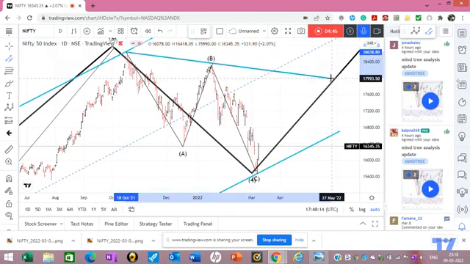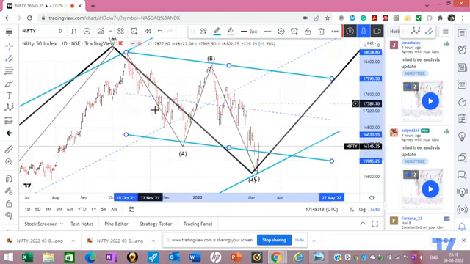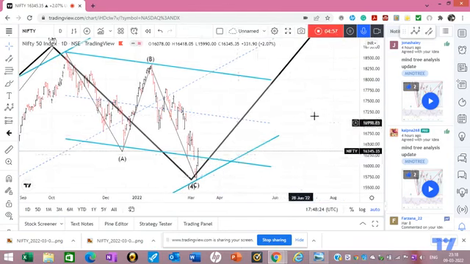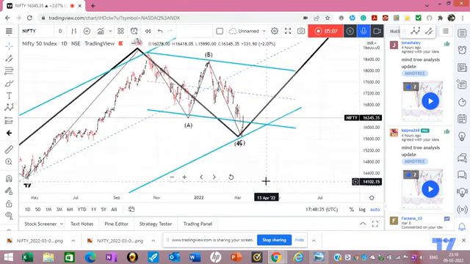I'm drawing a channel connecting wave A, B, and C. Now this price action had basically breached the lower channel line, and once it breached it, it went back.